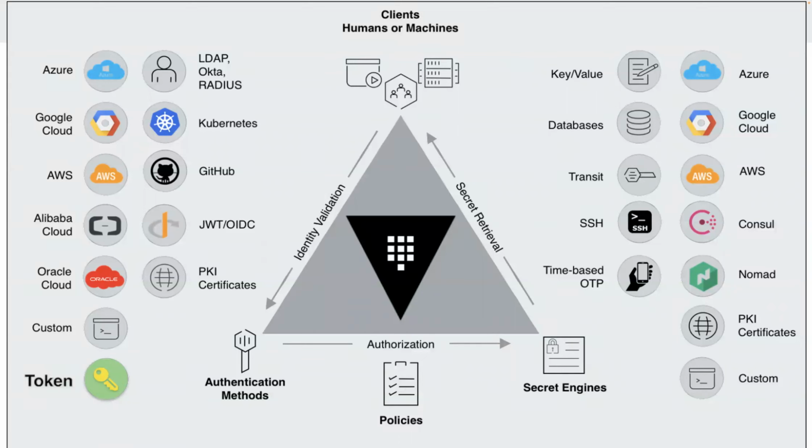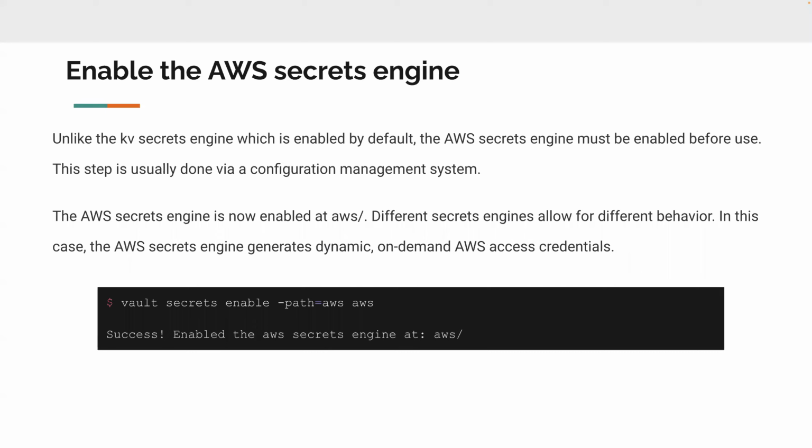We already revisited the whole paradigm of authentication methods, policies and the secret engine. Currently we will take the AWS secret engine as an example. Unlike the key-value secret engine, which is enabled by default, the AWS secret engine needs to be enabled before using.